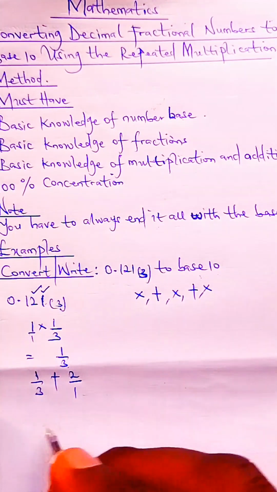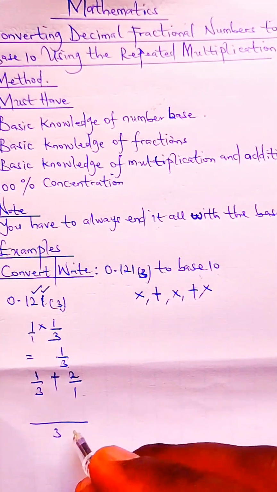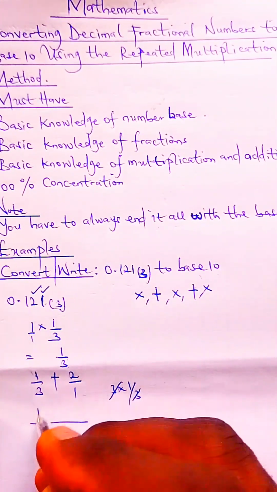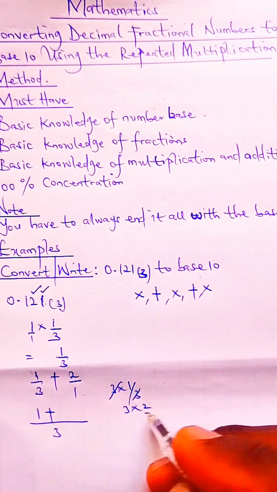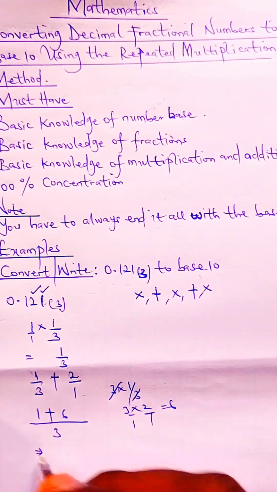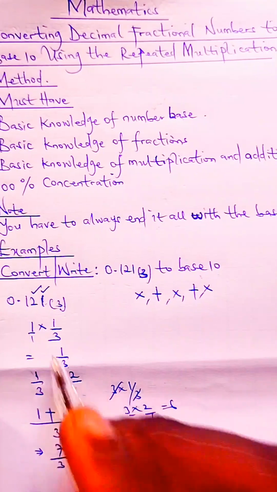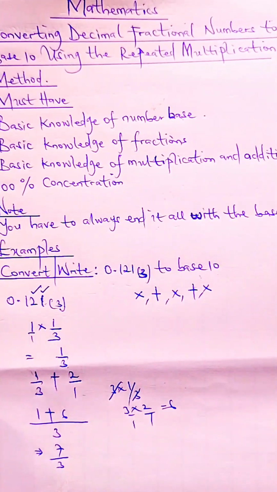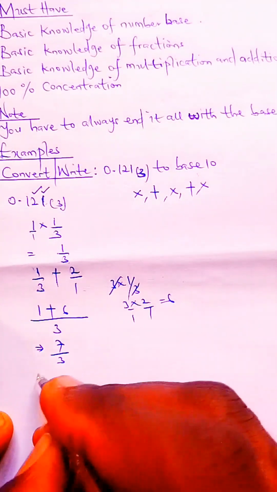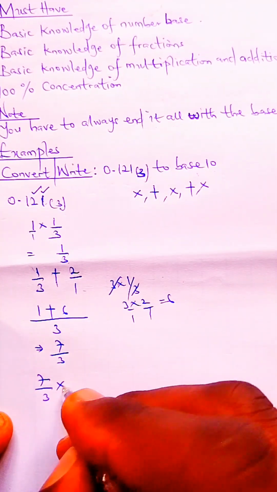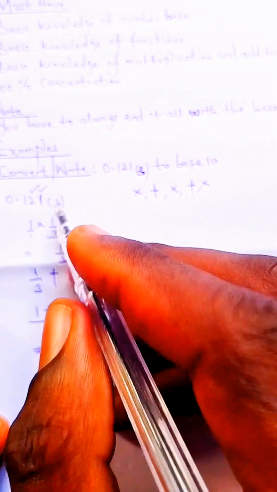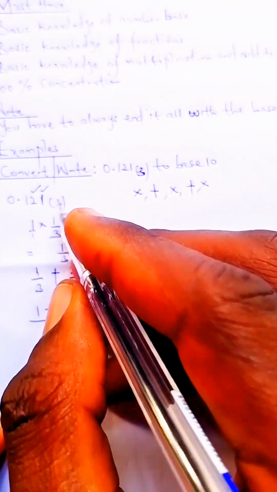The next thing I will do is add 1 over 3 plus 2. LCM of 3 and 1 is 3. So 3 times 1 over 3 is 1, plus 3 times 2 over 1 is 6. 1 plus 6 is 7, so 7 over 3. So that's the add, and the next thing we do now is to times again: 7 over 3 times the base. Don't forget, you're not going to use the base the way it is. These are decimal fractions, so the base will come in the form of a fraction also.